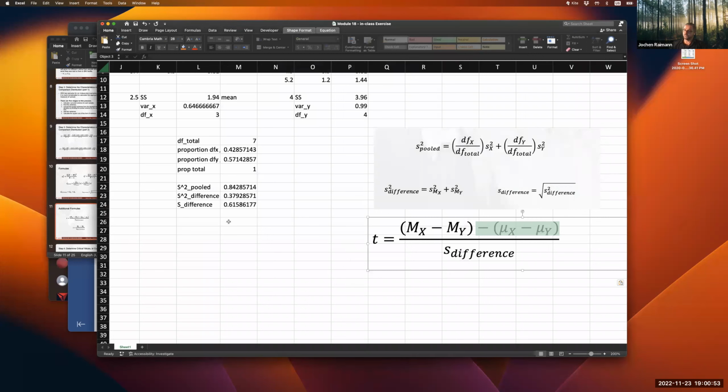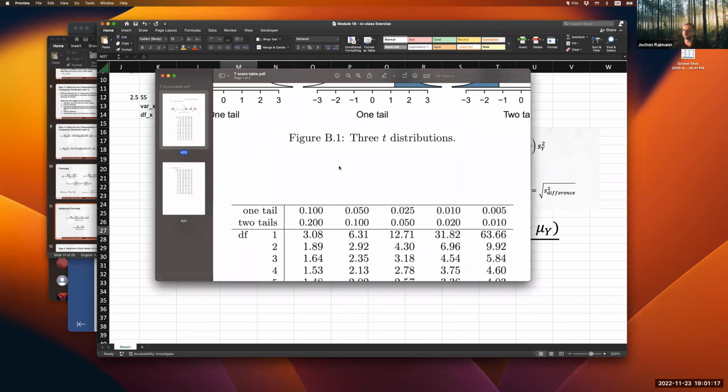So this being said, if we were now to test this against an alpha level of 5%, we essentially know that our critical t is now to be seen from the t-score table.